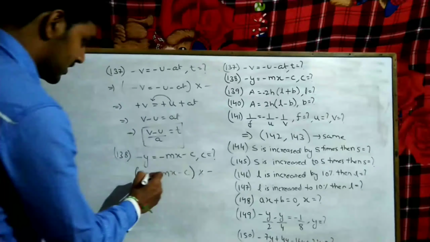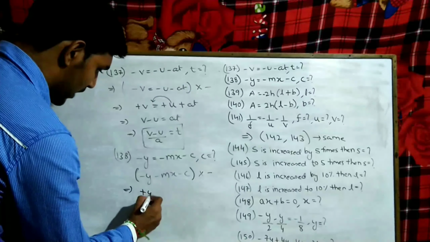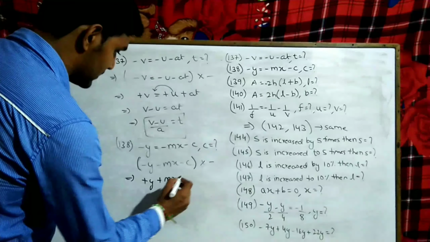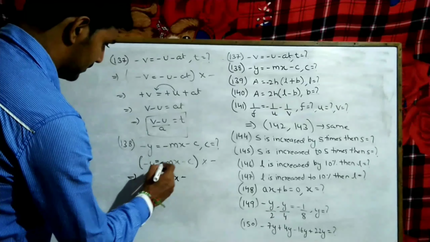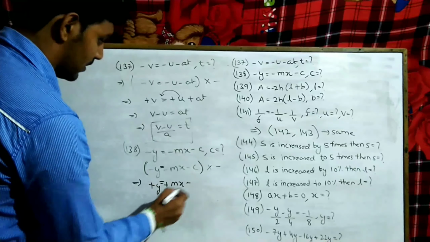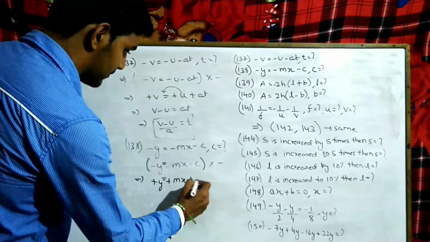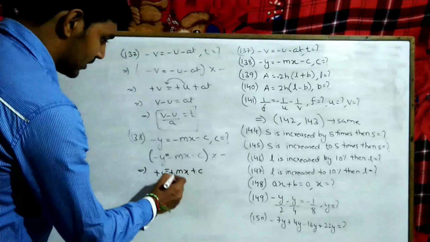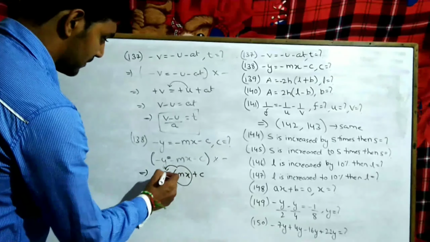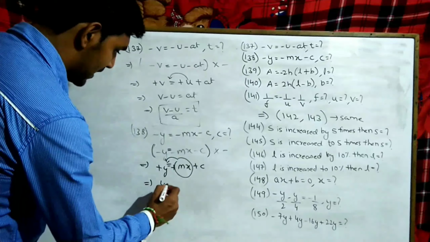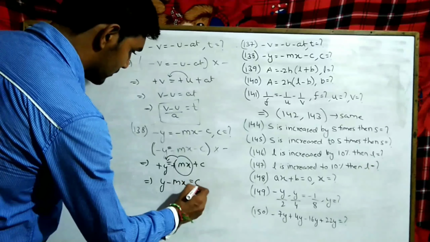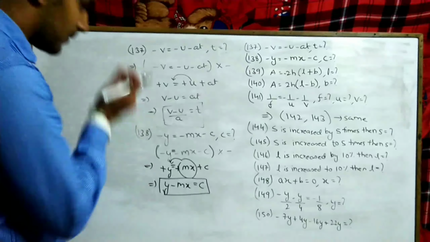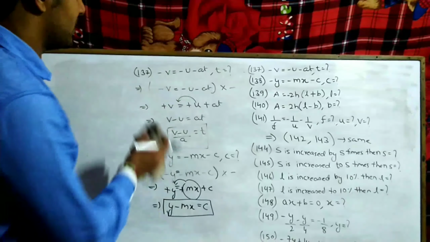Now minus minus becomes plus y, minus minus becomes plus mx. This is equal to, okay, in between equal to is there. Now minus minus becomes plus c. Okay. Now we have to find the c value. Now this plus mx will go that side and become minus. So y minus mx is equal to c. Okay. So this is the answer. Clear everyone? Now let's start with 139.